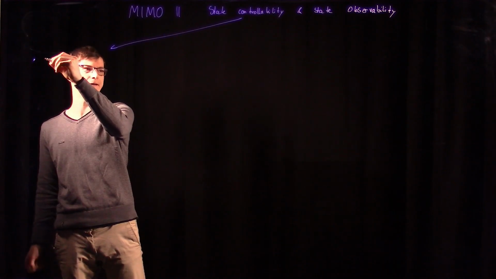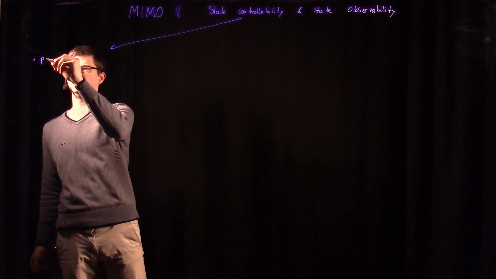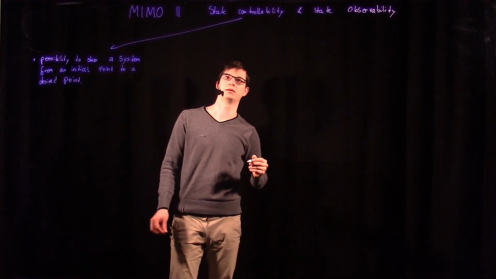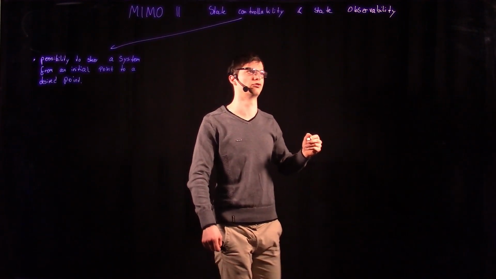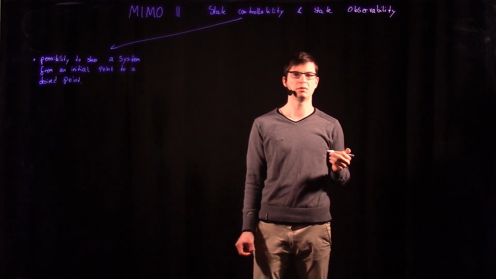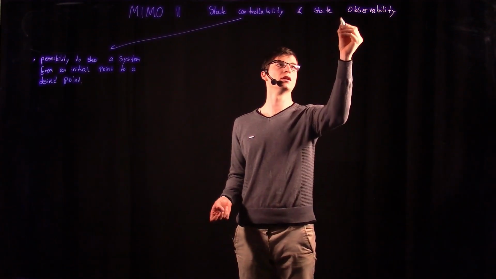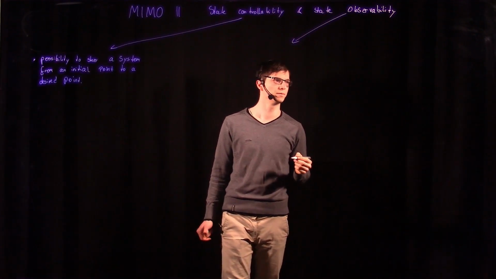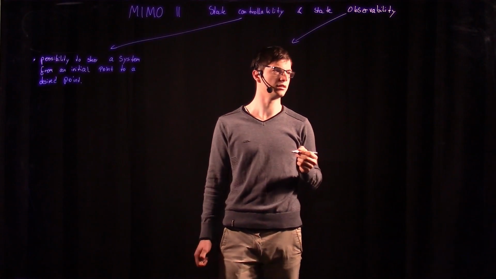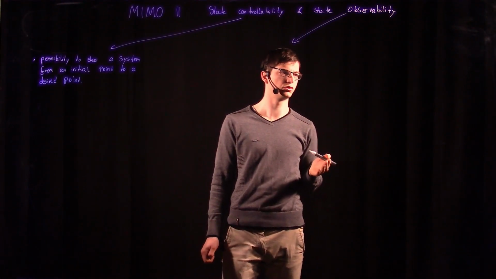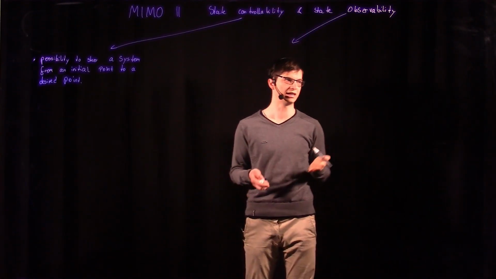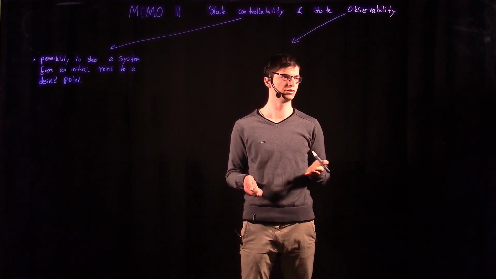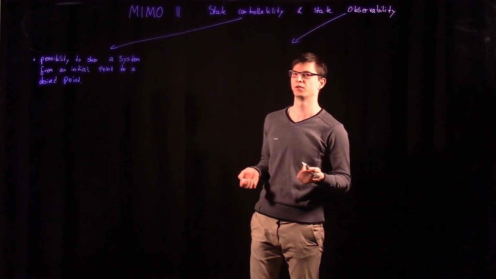So it's the possibility. That's what is meant by controllability. And what's meant by observability? That's what we want to discuss here. It asks: is it possible to determine the state of a dynamic system from the observations of output and control vectors?